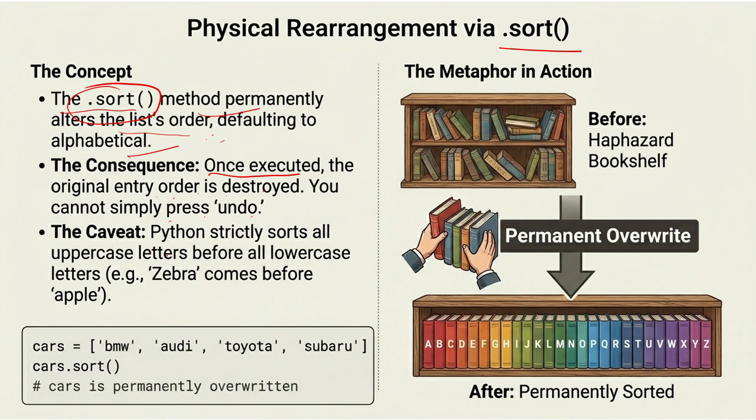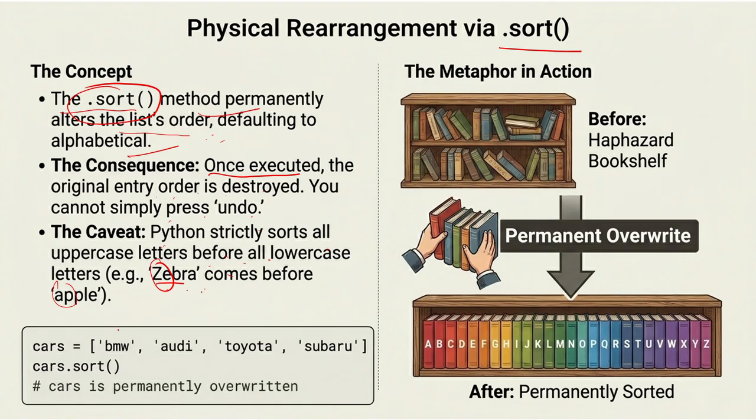There is one caveat here. Python strictly sorts all uppercase letters before all lowercase letters. What does that mean? Suppose in your list zebra is there with a capital Z, and apple is there. Python will sort uppercase first, so zebra will come before apple.